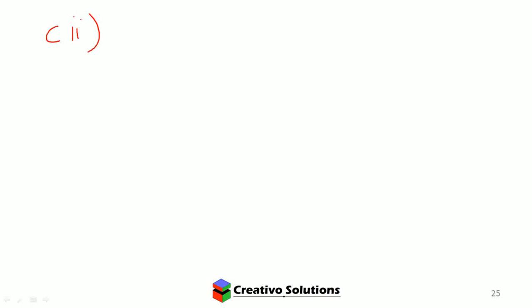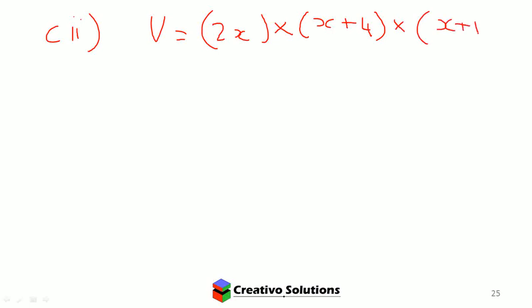External dimensions would then be the volume equals 2x, length times breadth times height, times x plus 4 times x plus 1. They said write down the external dimensions of the box. Yeah, I would go with that, unless they're requiring you to solve for a different box's dimensions.